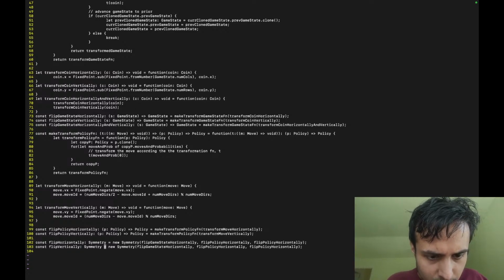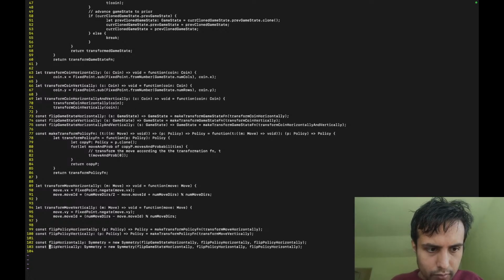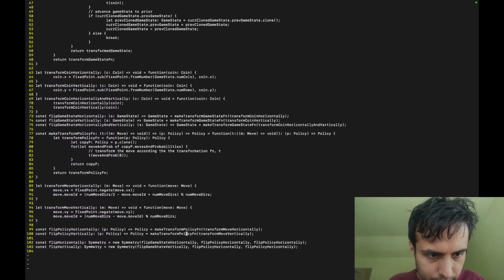Vertically is flip game state vertically. Vertically, and then flip policy vertically twice.